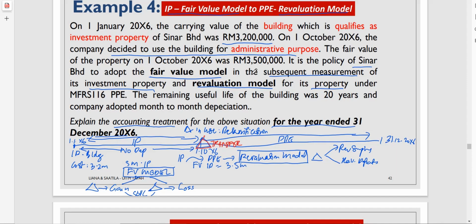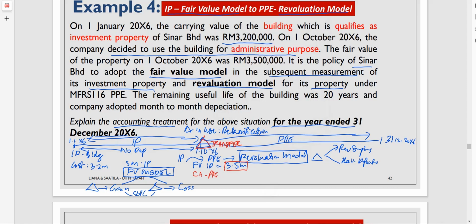What you have to take note of is what is the carrying amount of the PPE on this date. According to the standard, the carrying amount of the PPE would be the most recent fair value of the IP on the date of transfer. So on the date of transfer, this is the fair value of the IP.